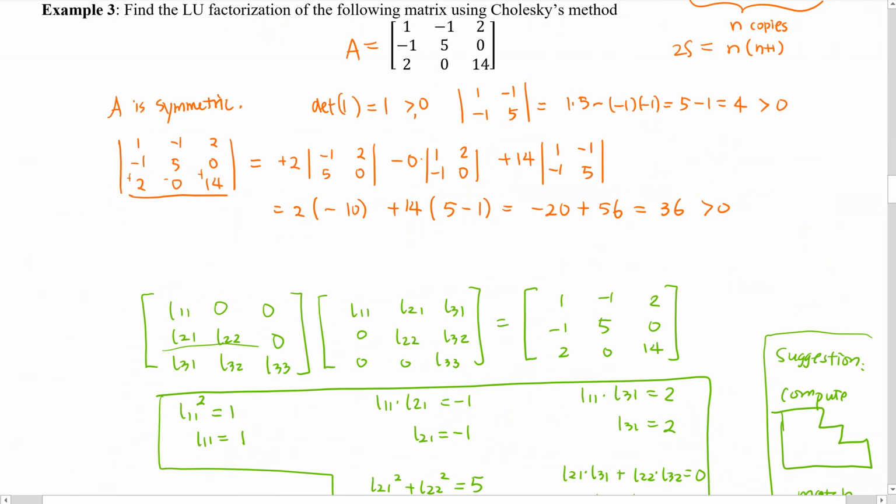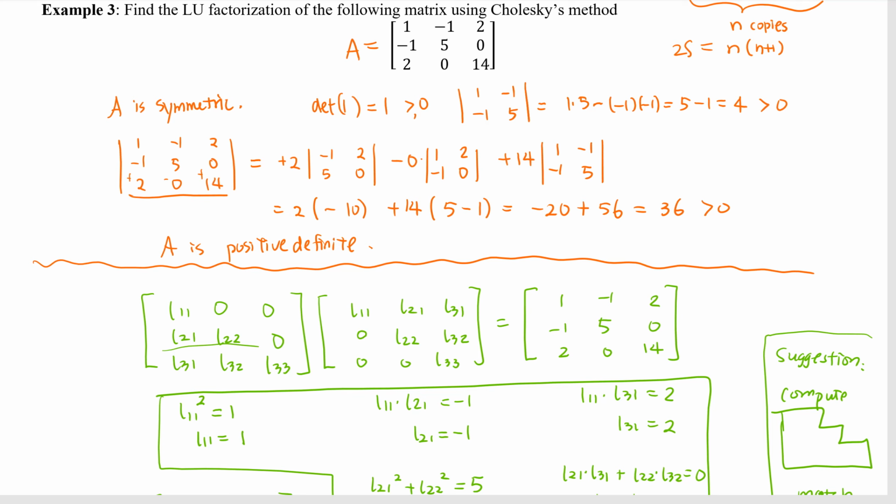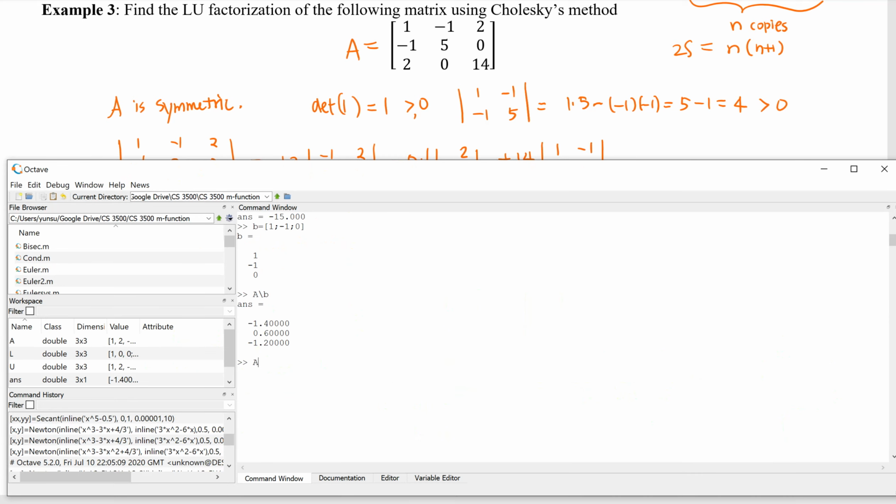Okay, and for Cholesky's method, let's define our matrix A to be now 1 -1 2; -1 5 0; 2 0 14.